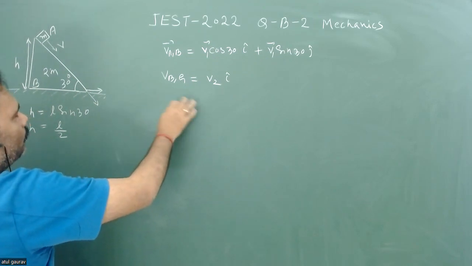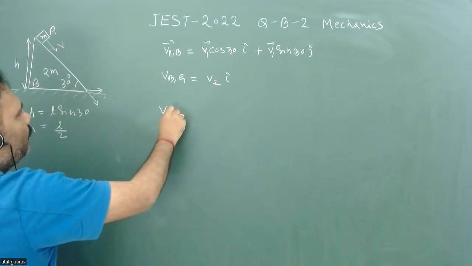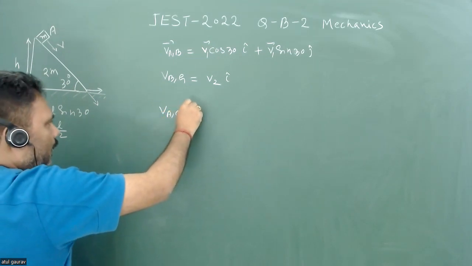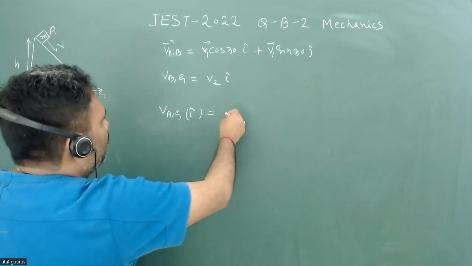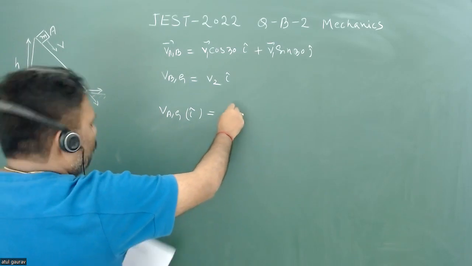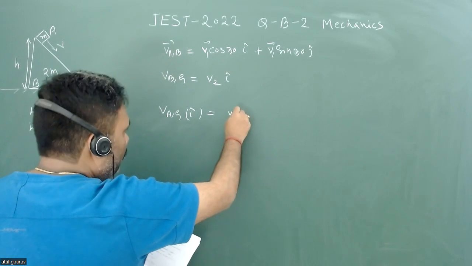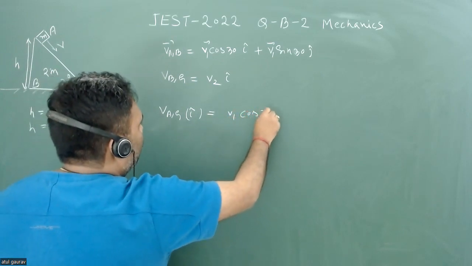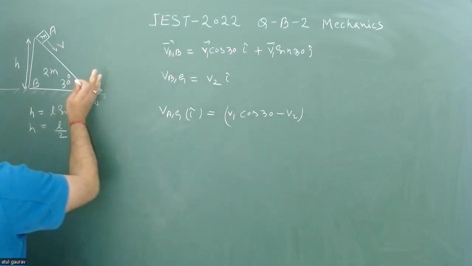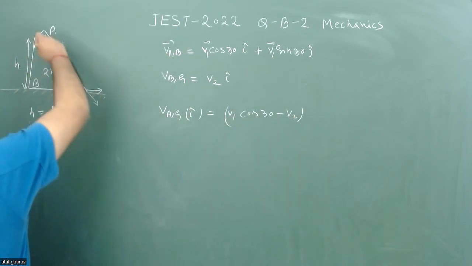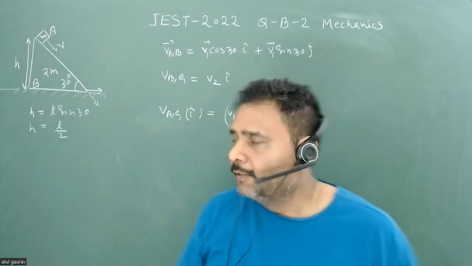So the velocity of A with respect to ground in the x direction is V1 cos 30 minus V2. The minus sign is there because the wedge is going in this direction and the component of the block's velocity is along the opposite direction.